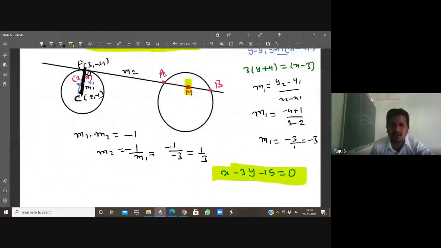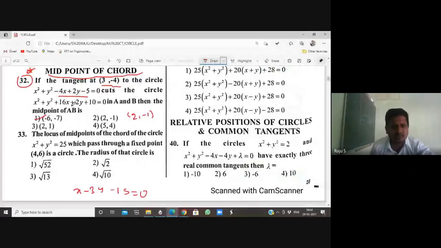A and B are points on the second circle, and the midpoint of AB I am taking as M. M also lies on the tangent. We got the tangent equation, and they're asking for the midpoint. The midpoints are given in the options, so you can substitute these points. Whichever option is satisfied, that is the midpoint. Okay.